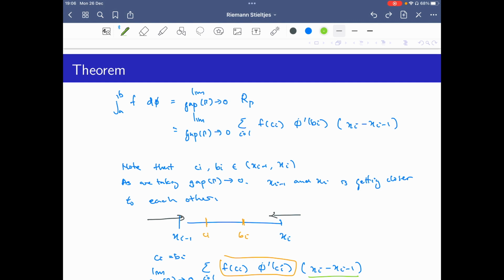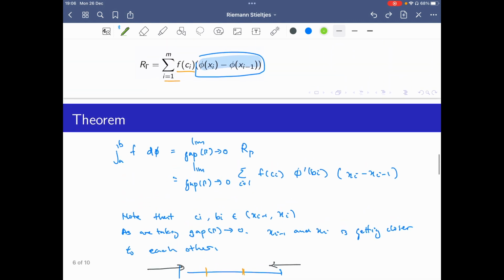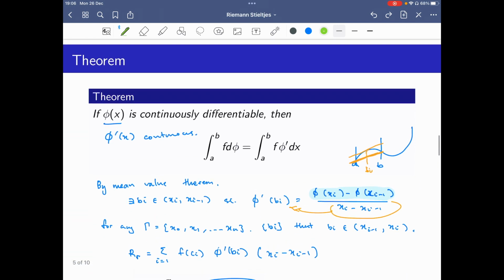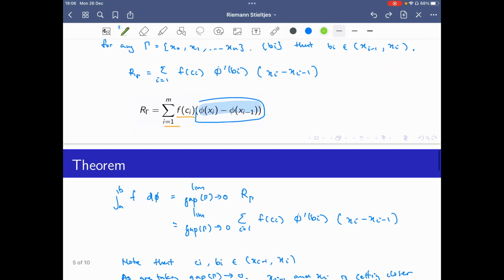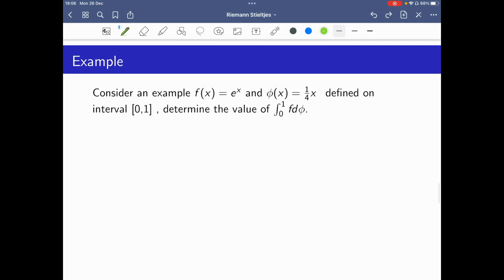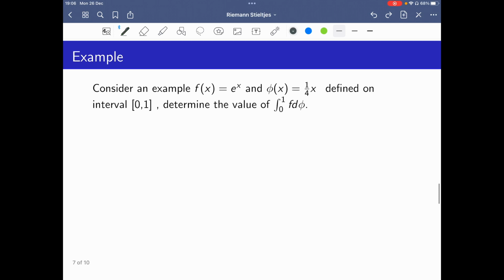Let's step into an application of how we use this theorem to make our life easier. Consider this example, also a very easy one. First of all, we need to use the theorem, so we have to check the condition first.